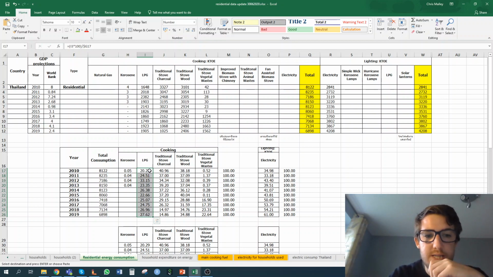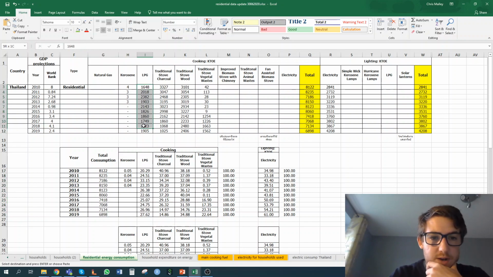So we could use this value as an example. This is the total amount of LPG that is consumed in the residential sector.